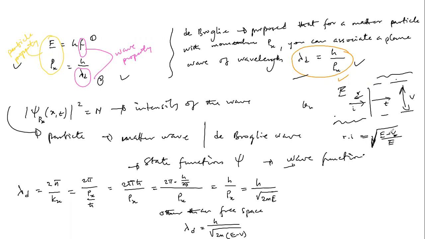Okay. Now, assume that the linear momentum of a particle is precisely specified, such that the uncertainty in the linear momentum is not the same as 0, meaning we know the value p sub x to some level of certainty.